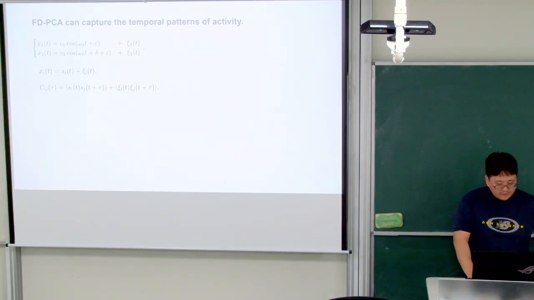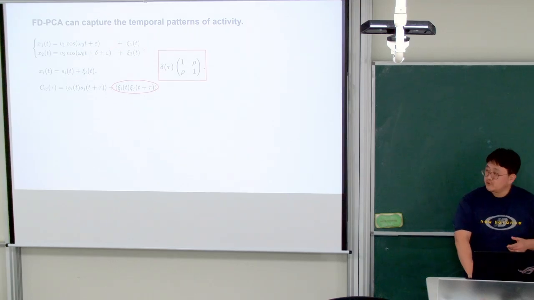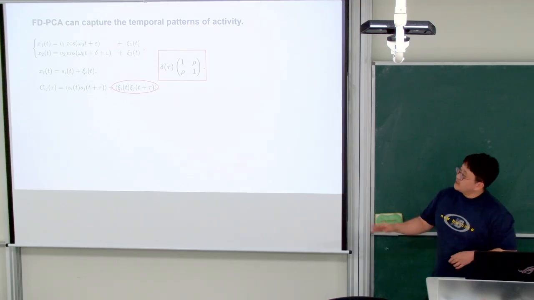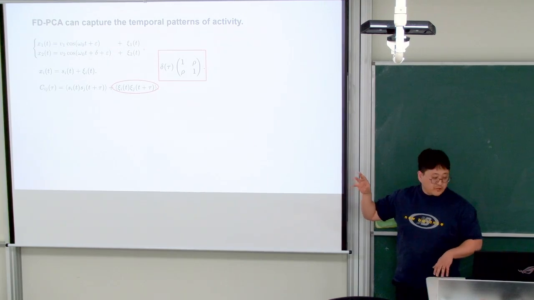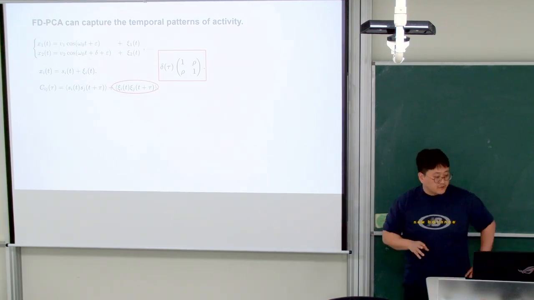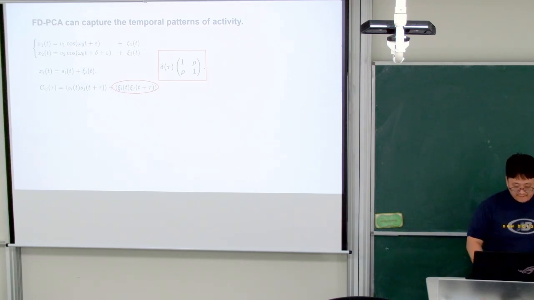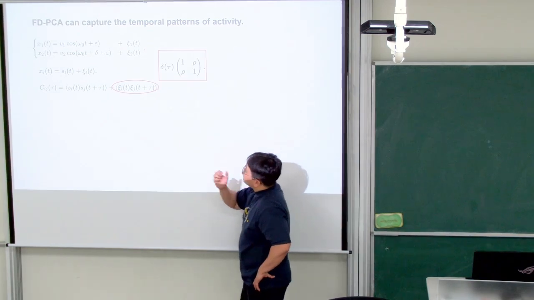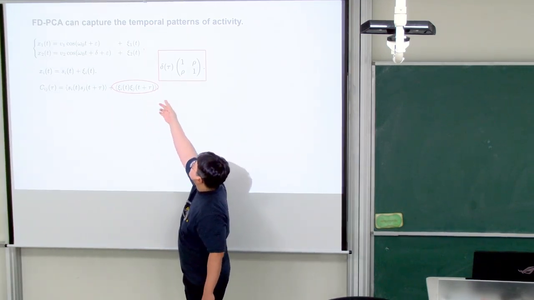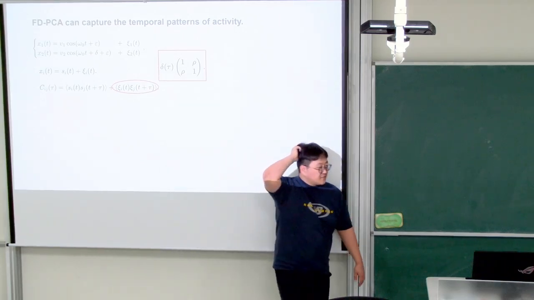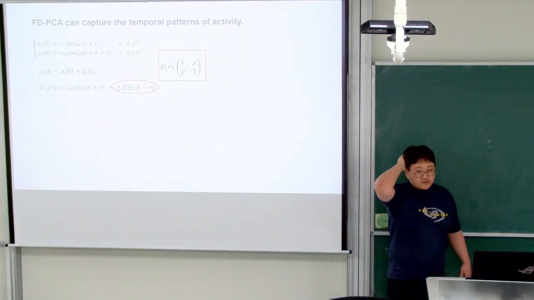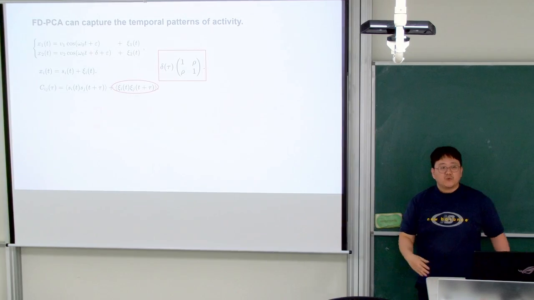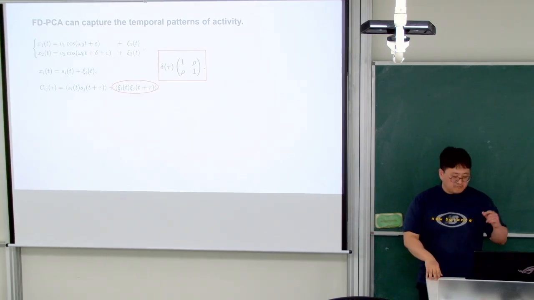FDPCA? After calculating the time lag covariance, we have two terms. The first term is associated with the signal, the second term is associated with noise. This noise covariance just has a very simple structure.